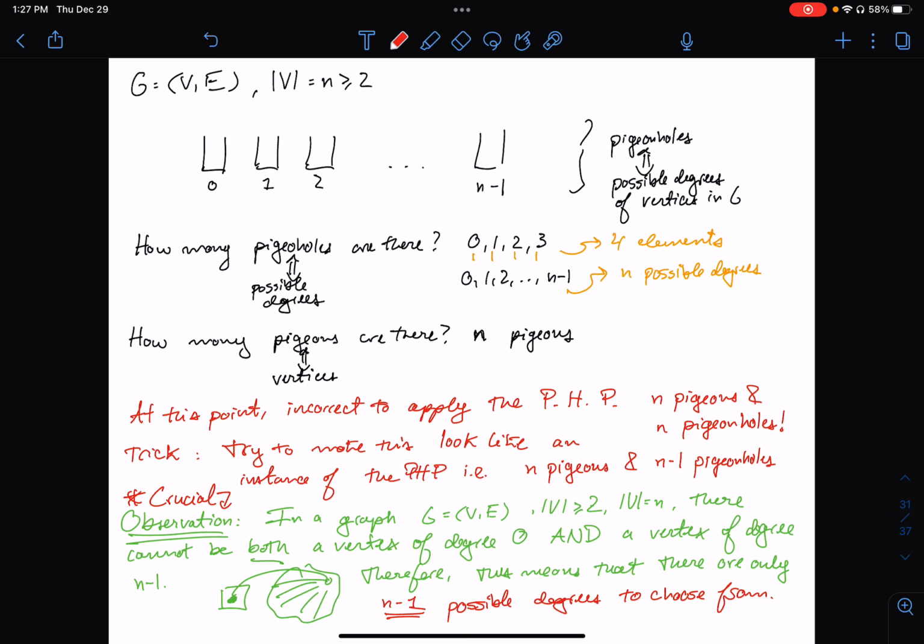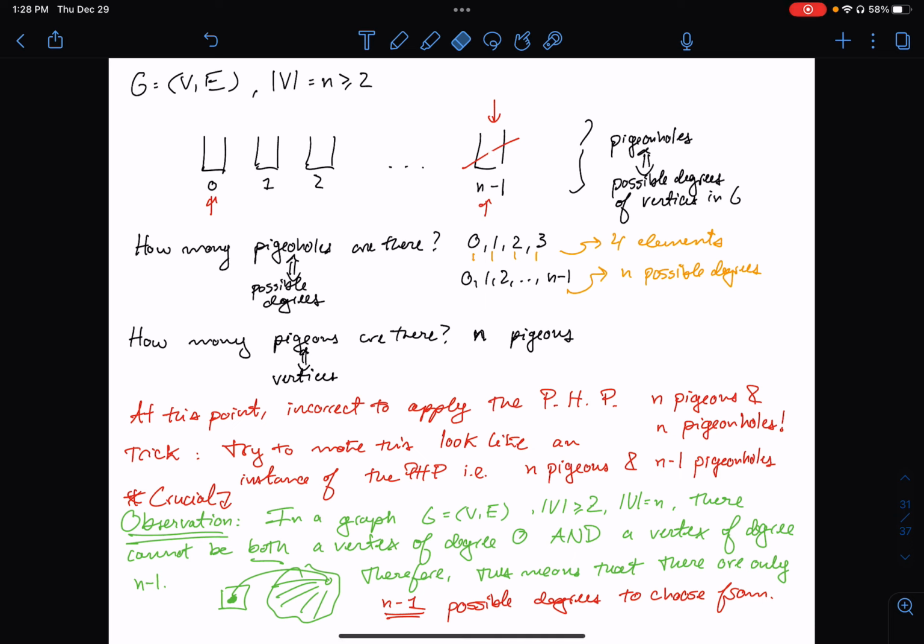There are only n minus 1 possible degrees because in this enumeration here, either this bin is empty or this bin is empty, right? Because both cannot be non-empty at the same time, right? So if this bin is non-empty, right, then this bin must be empty and vice versa, right?